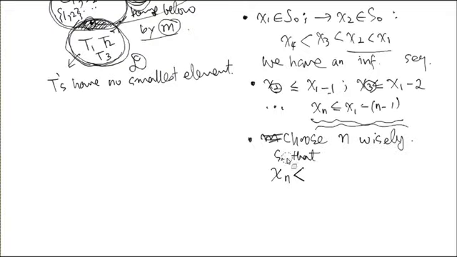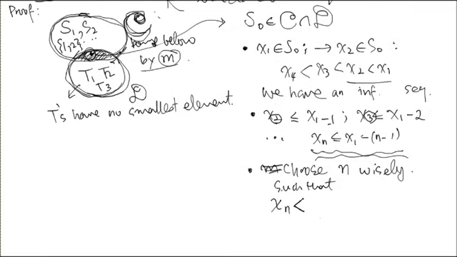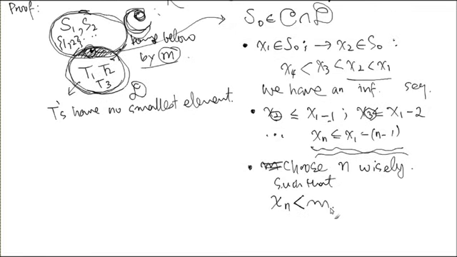Any volunteer? We want a contradiction, right? You go below m, which is intuitively correct, right? Keep going down by at least one step each time. All right? So would that be a contradiction?